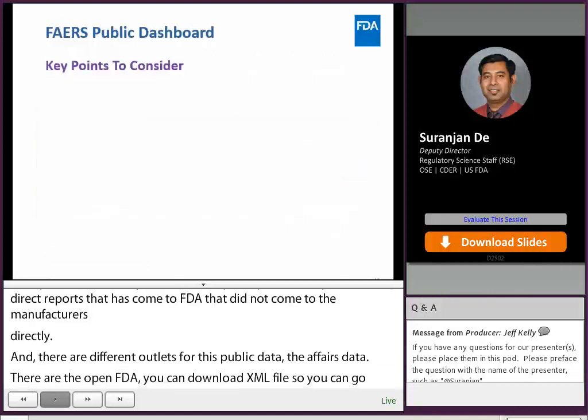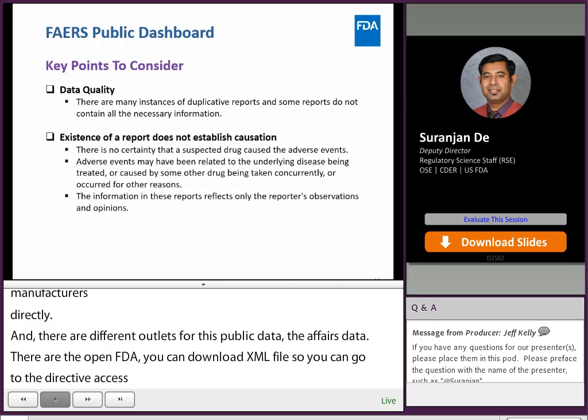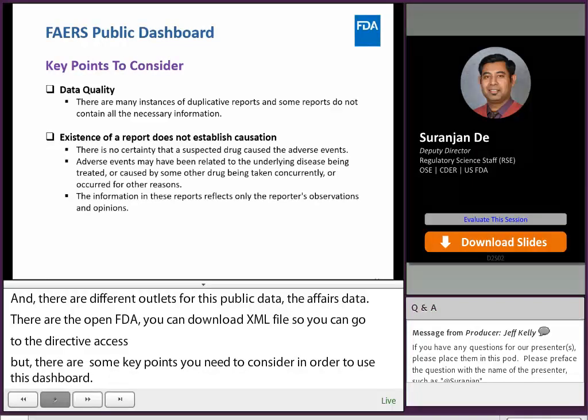But there are key points that you need to consider in order to use this dashboard. The quality: there are many instances of duplicate reports, and not every report contains all information. The existence of a report does not establish causation, which means that when you have a drug and an event, it does not mean the drug caused that event.